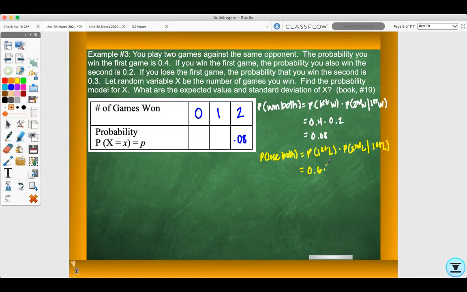Times the probability that I lose the second given I lost the first, and that would be 0.7. Because if I lose the first game, the probability I win the second game is 0.3, so 1 minus 0.3 gives me 0.7. I multiply those together, and I get 0.42.